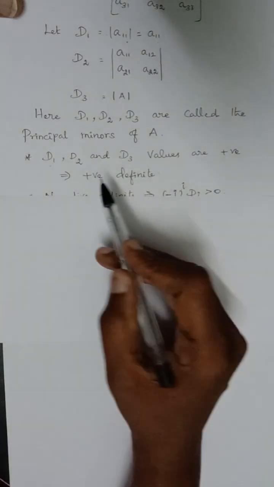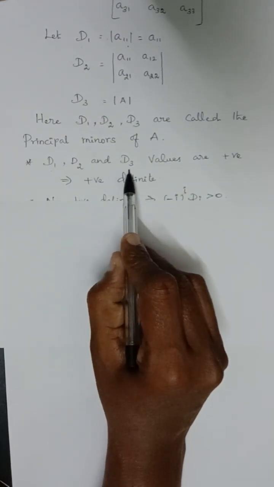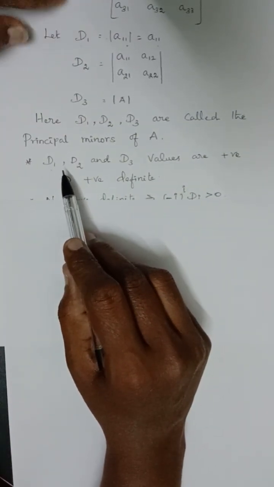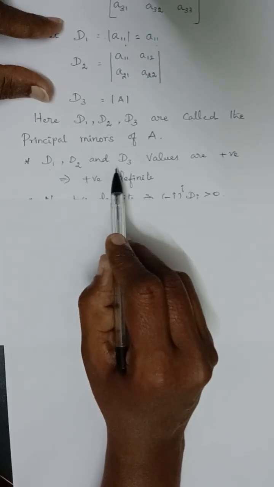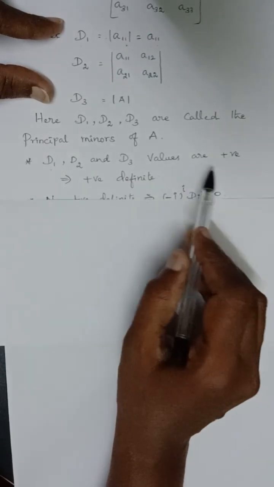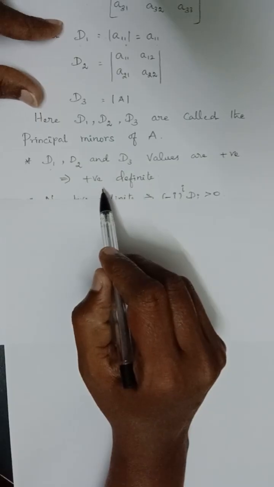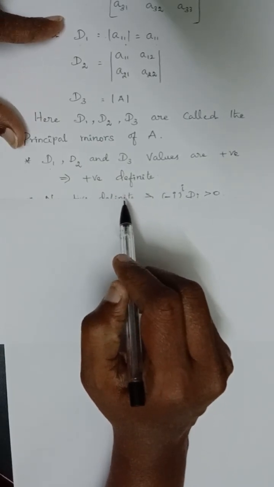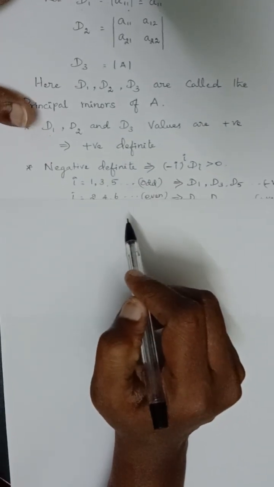So see here D1, D2, D3. If the values D1, D2, D3 are all positive, then it is called positive definite. Next one, negative definite.